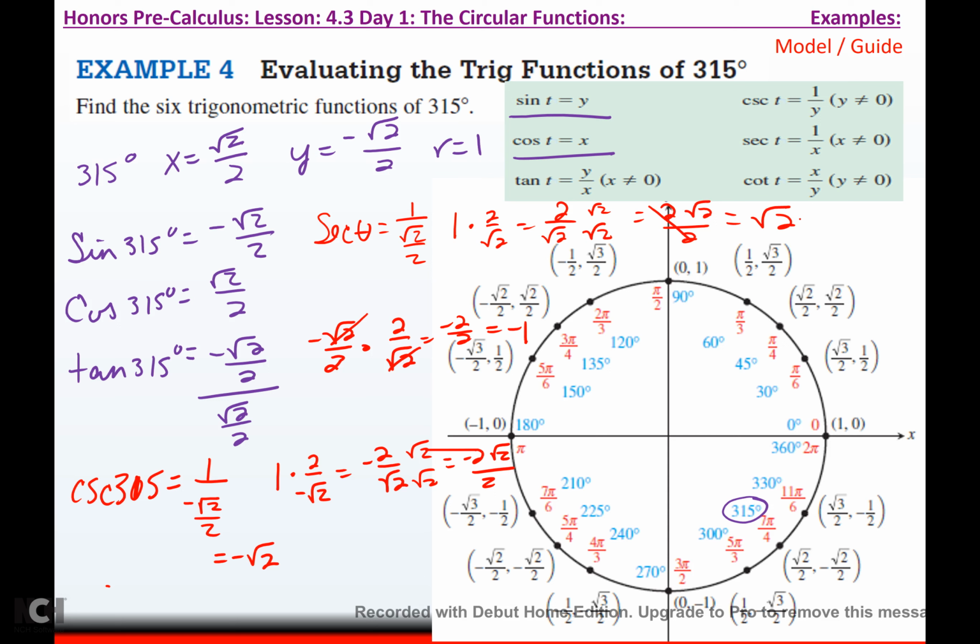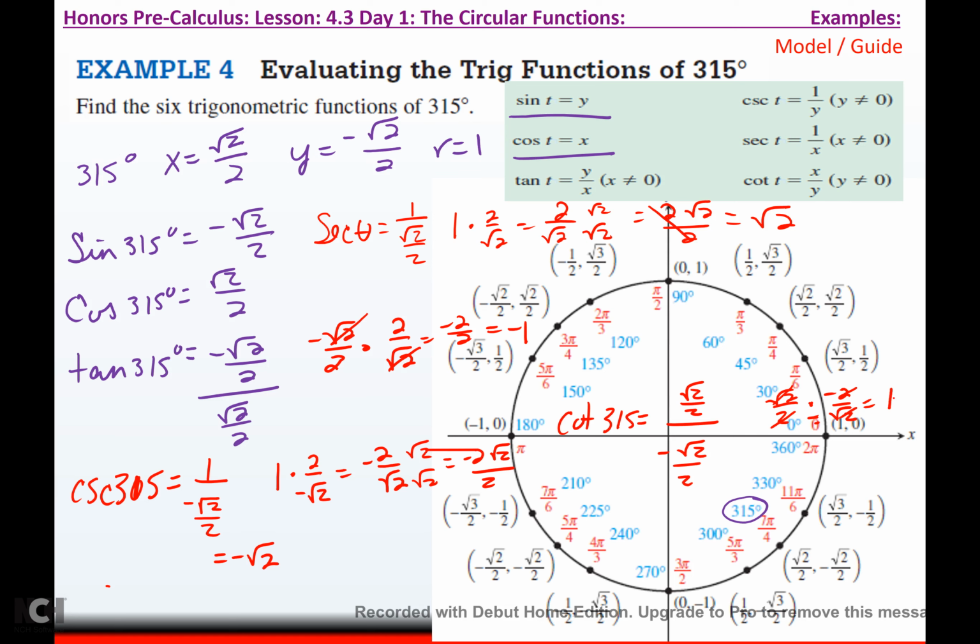And then cotangent. Cotangent of 315 would be x over y, so that'd be square root of 2 over 2 over a negative square root of 2 over 2. Keep, change, flip. The 2's cancel, the square roots of 2 cancel, and a negative divided by a negative is a positive 1.